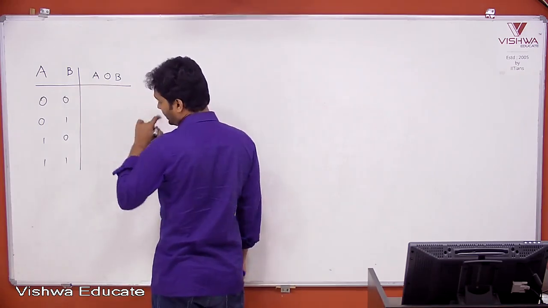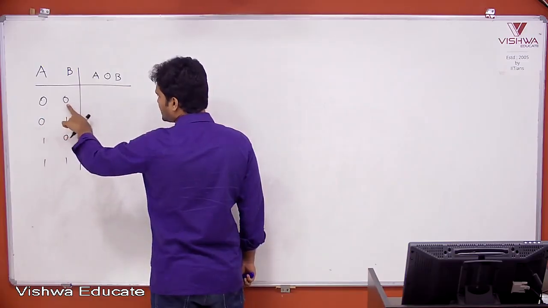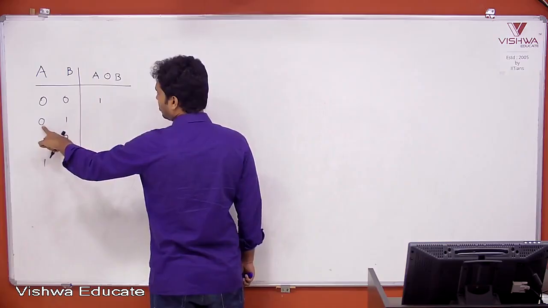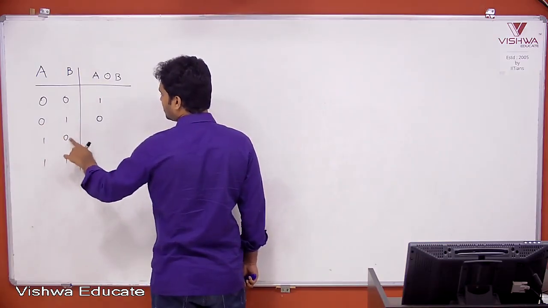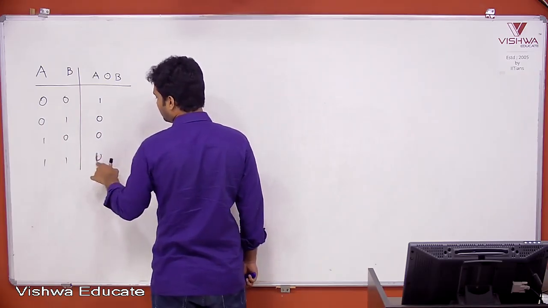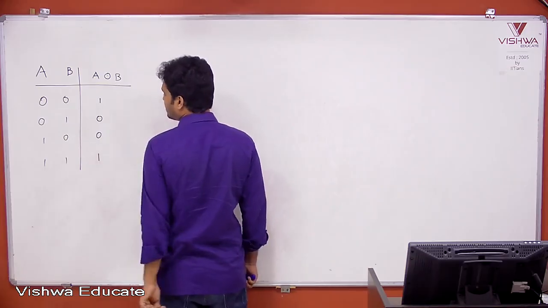Whenever your input contains even number of zeros. How many zeros are present? 2. 2 means even or odd? Even. Here how many zeros? Only 1 zero. Odd. Here no zeros. Assume it as even.